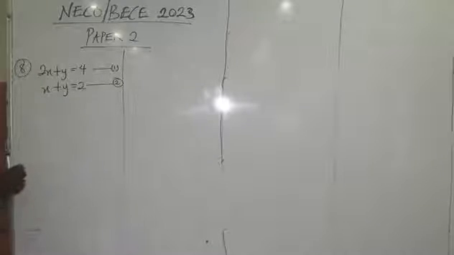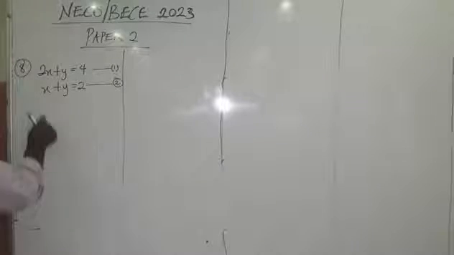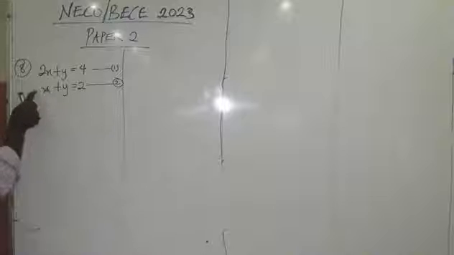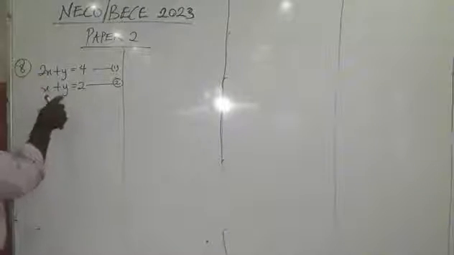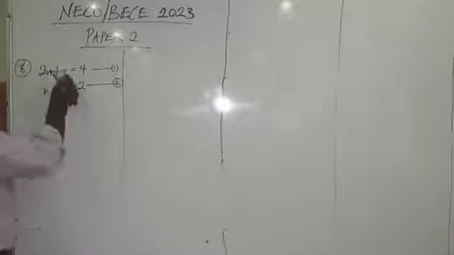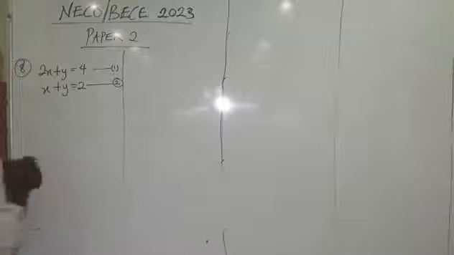So, for example, if I want to use substitution method, I can make x the subject of formula, and as well, I can also make y the subject of formula. Why? Because in equation 2, x has 1 as its coefficient. Also in equation 2, y has 1 as its coefficient. In equation 1, y also has 1 as its coefficient.